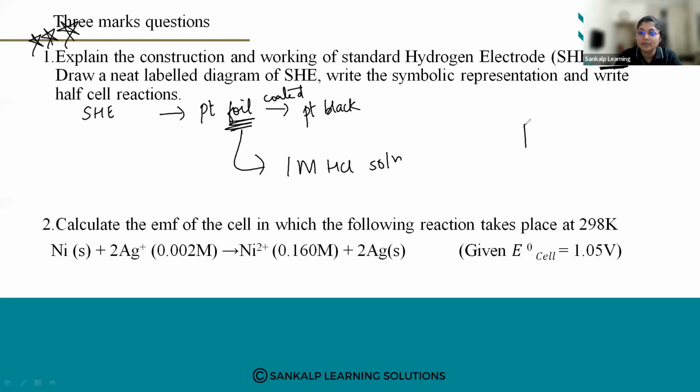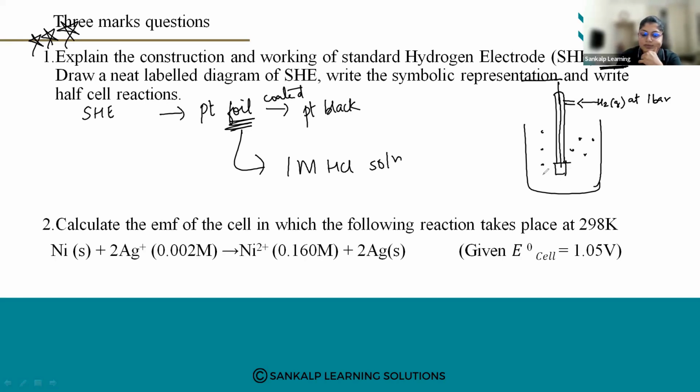It is like this. Take a beaker, draw a beaker. I'll just show you. This is the platinum wire. From here, H2 gas at 1 bar is passed.